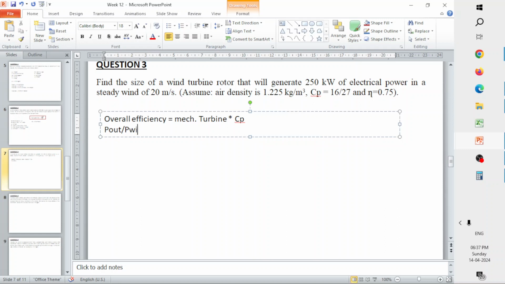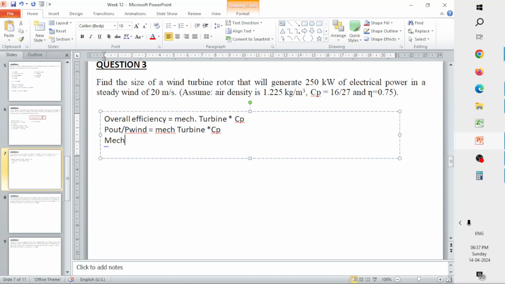So P, the power available in the wind, is equal to the mechanical efficiency of the turbine times Cp. The mechanical efficiency of the turbine here is given as 0.75, and the Cp value they are assuming you to take is 16 by 27.